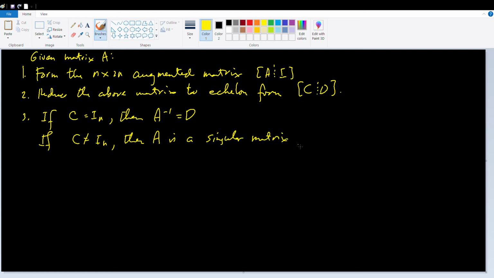Meaning to say, A has no inverse. All right? So these are the three simple steps on how to find the inverse of a matrix if it exists. So let us have an example.